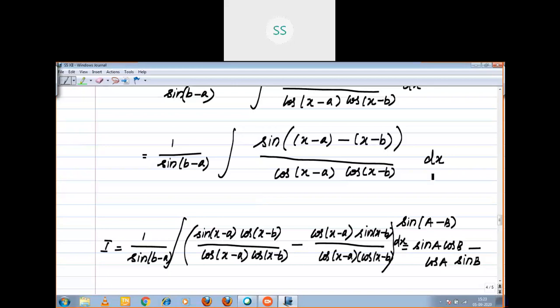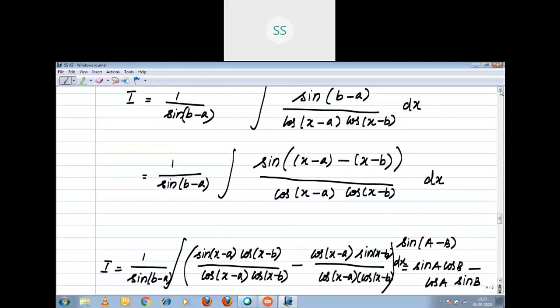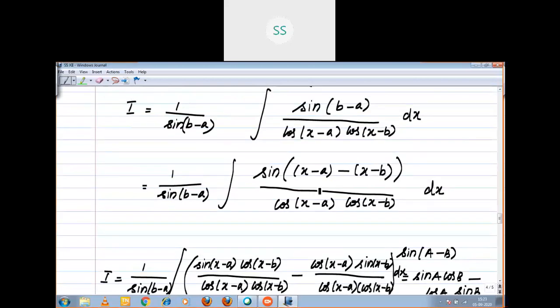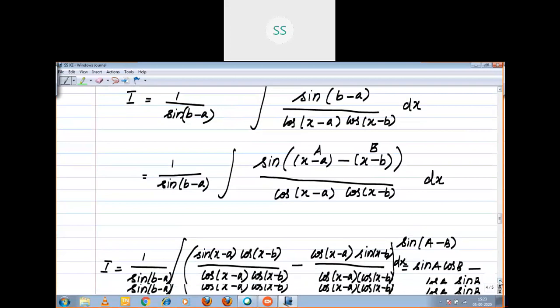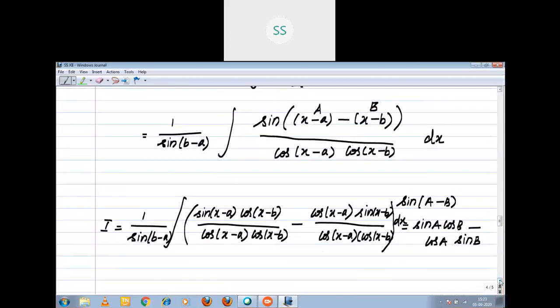Now I will show you, one minute, then you can understand how I do it. See, this one I consider as A, this one I consider as B. That's why I wrote the things using the trigonometric identity. A can be replaced by x minus a, B can be replaced by x minus b. Now you see which is common, that you have to cancel.